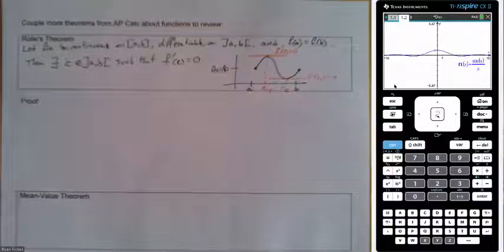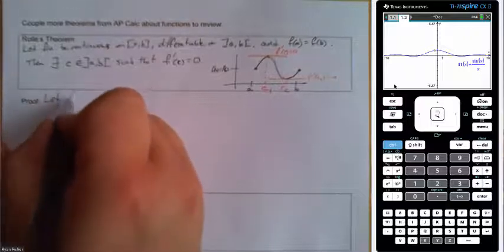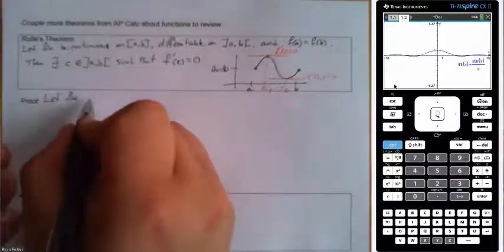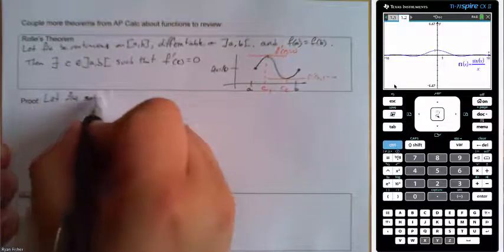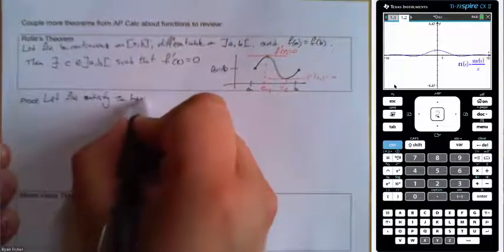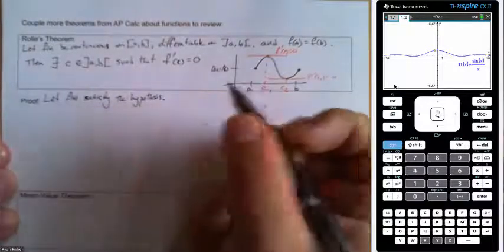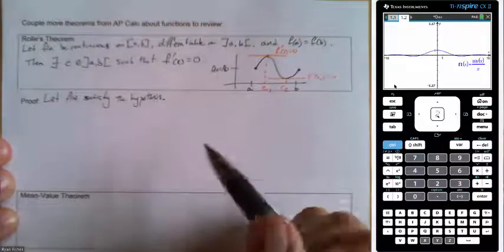Intuitively, I hope it makes sense that this theorem should be true. And what I'd like to do is use some of the definitions we've already stated to explain more rigorously why it must be true. So we're going to let f of x, just to save some writing, satisfy the hypothesis. Meaning, whatever this function is, it's continuous on the closed interval and differentiable on the open interval.